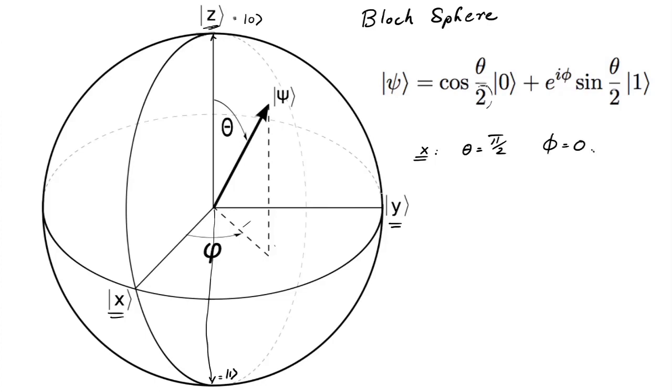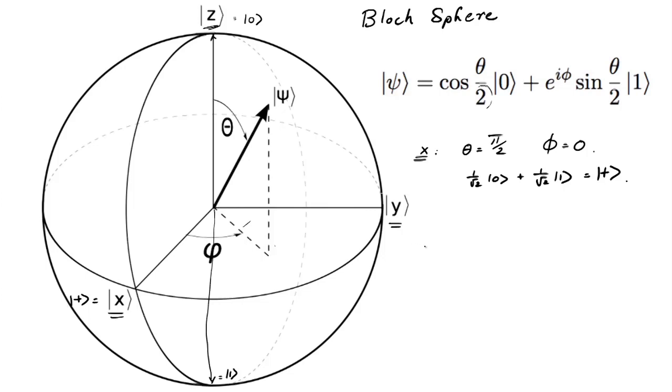And so what it represents is cosine pi by 4, which is 1 over square root 2, 0, plus 1 over square root 2, 1. So it's just the plus state. So the state pointing in the x direction is the plus state. What about in the minus x direction? See if you can work that out.